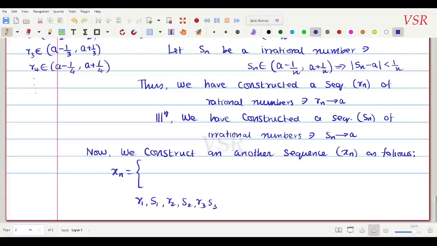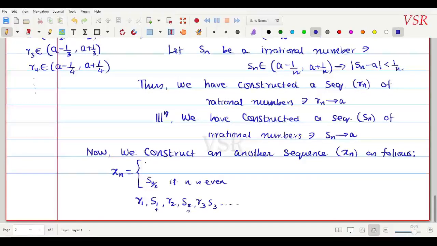Note that these are odd terms, and for the even terms I make it Sn by 2 if n is even. Correct? If n is 2, 2 by 2 is 1, so S1 comes. For the fourth term, 4 by 2 is 2, so this term comes. So we will have this condition.